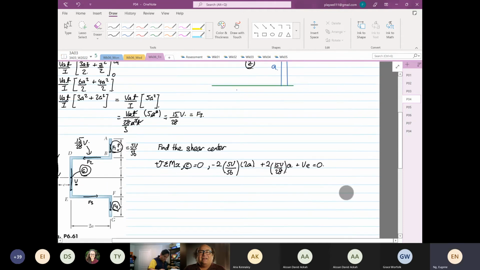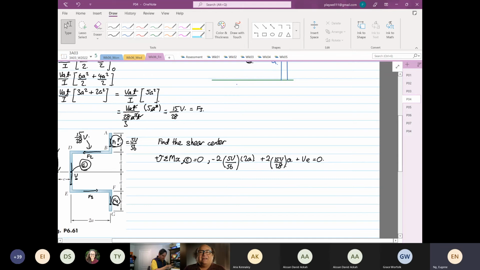So from here, 2 times 5 over 56 times 2 is equal to minus 5VA over 14, plus 2 times 15 over 28 is equal to 15VA over 14. Let me do it again. So plus Ve.